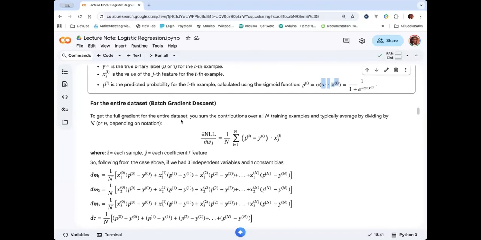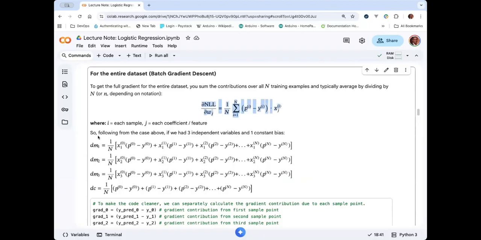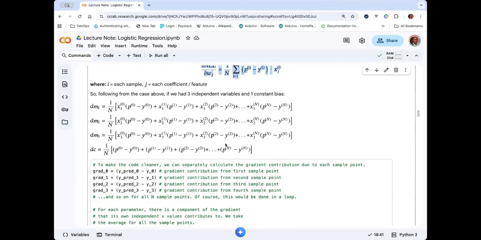So for the entire data set, to get the full gradient, we still use the same formula. This is now breaking it down so that we can see. This looks like a lot of stuff, so it might be a bit scary, but it's not that scary if you really look at it.